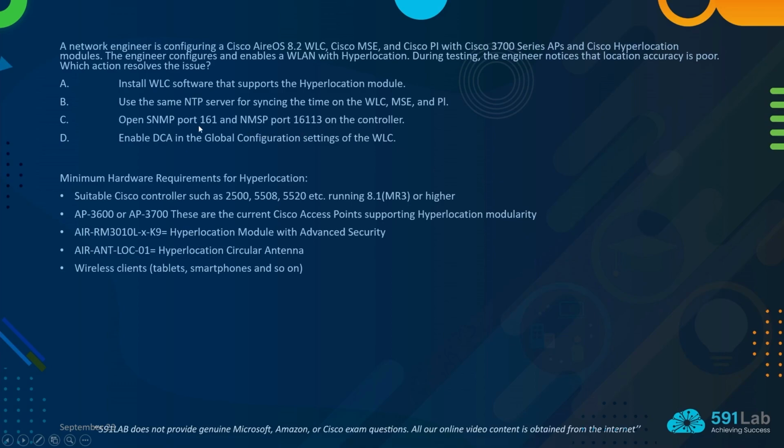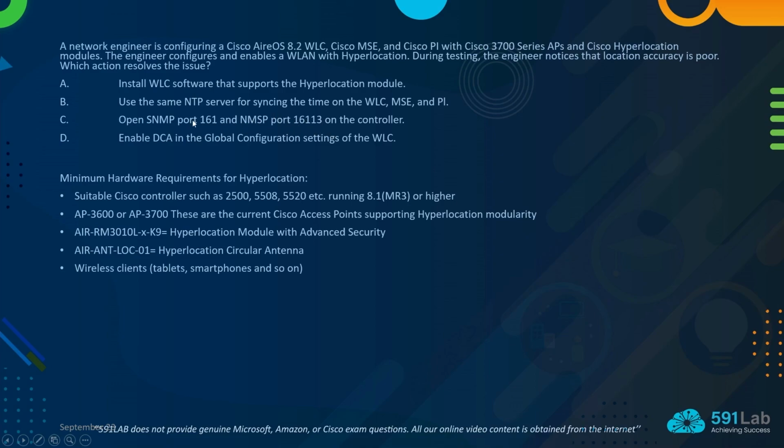Now, like I said before, if we have a connectivity issue or hyperlocation is not working in the beginning, then we're going to have to look into the ports, because we should get traffic or packets coming into those ports in order to get hyperlocation information. But in our situation, we are getting some information, so we definitely know that these ports are open.